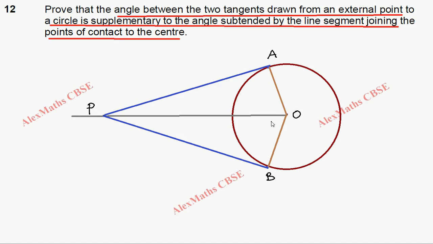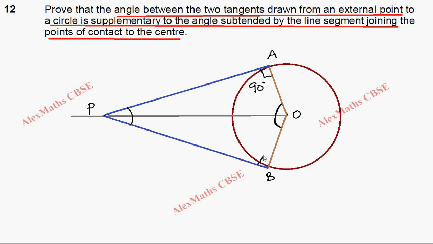So as per the question, what we have to prove is that the angle between the two tangents from the external point to the circle is supplementary to the angle subtended by the line segment. So this is the other angle, which is made by the line segments joining the points of contact of the tangents to the center. We have to prove these two are supplementary. We already know that a tangent and the perpendicular line from the center make an angle of 90 degrees.